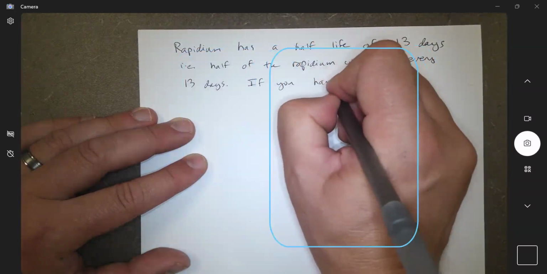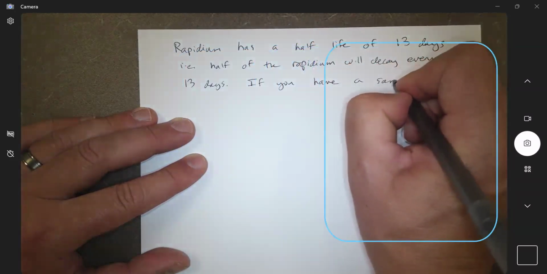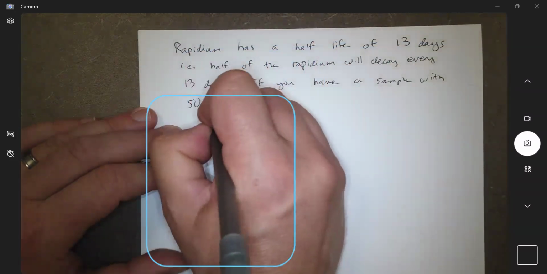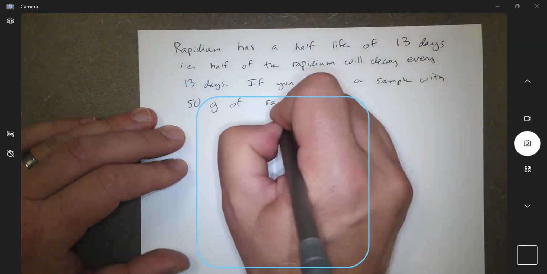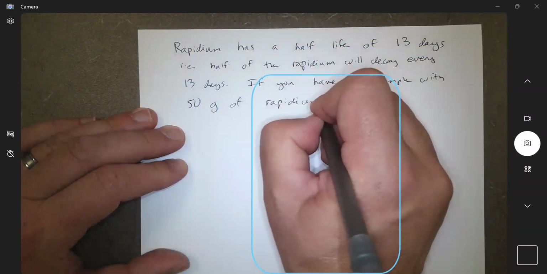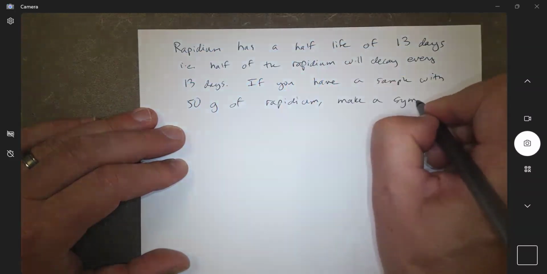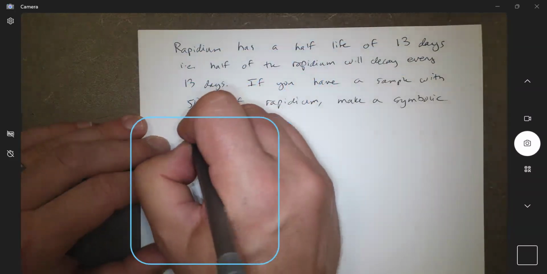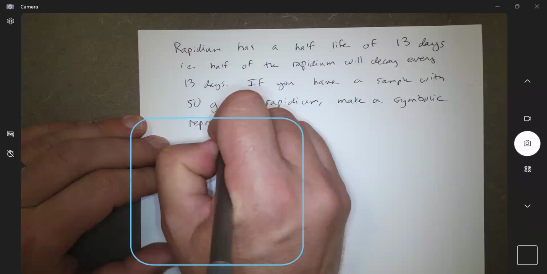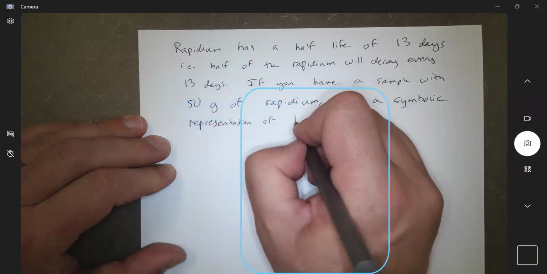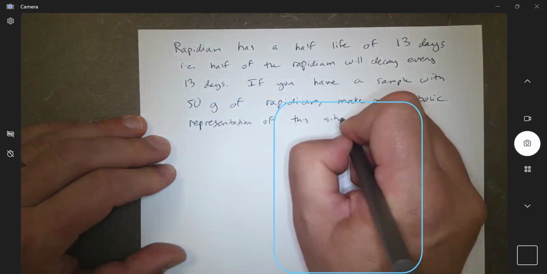If you have a sample with 50 grams of Rapidium, make a symbolic representation of this situation.